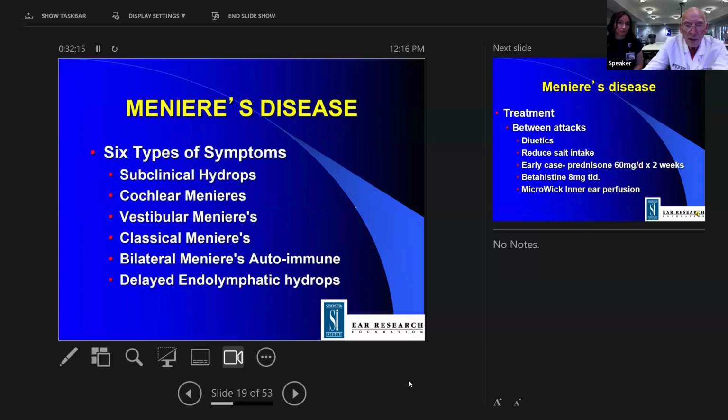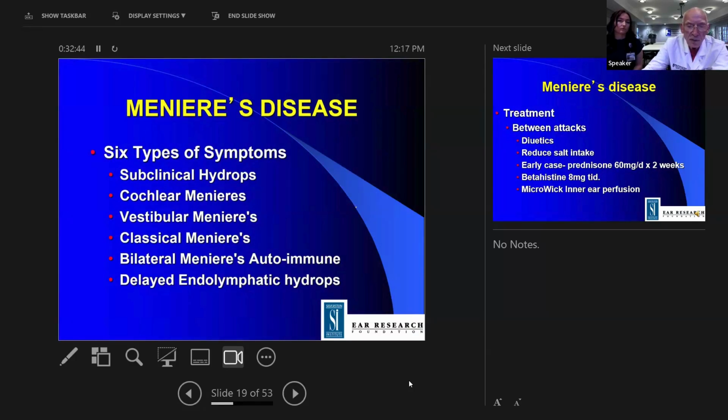So there are various types of Meniere's disease. There's the subclinical type. This is the one where the tuning fork is heard differently in either ear, and there may be a small low frequency hearing loss in the affected ear. Then there's cochlear Meniere's disease, where you see a low frequency hearing loss that fluctuates.